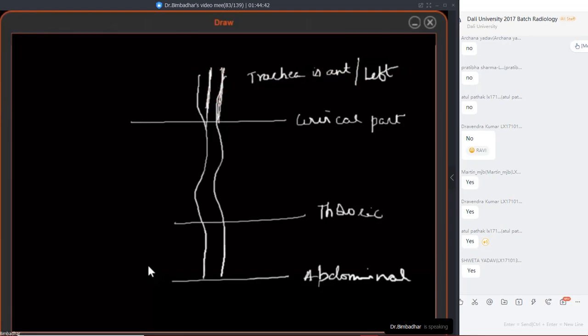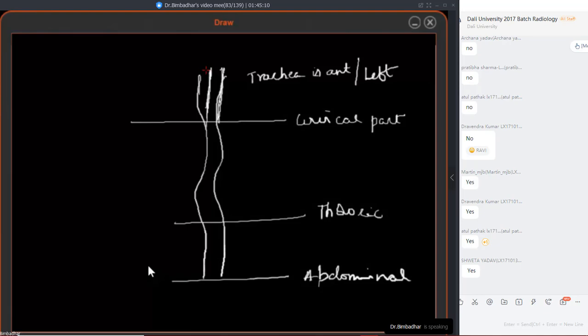But there is a very thin white line just to the right of the trachea, which is your esophageal fold. I think you already knew about this, right? So we differentiate the trachea from the esophagus in that the trachea appears as a thick white line, whereas the esophagus appears as a thin white line.